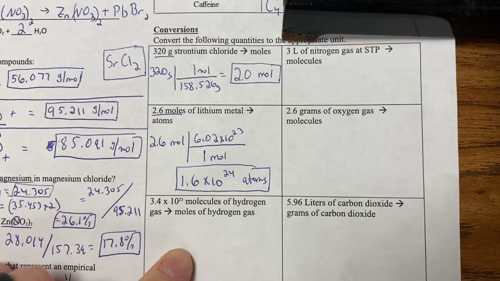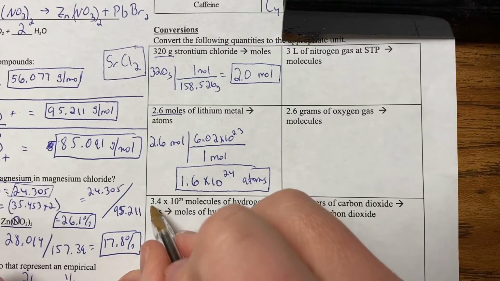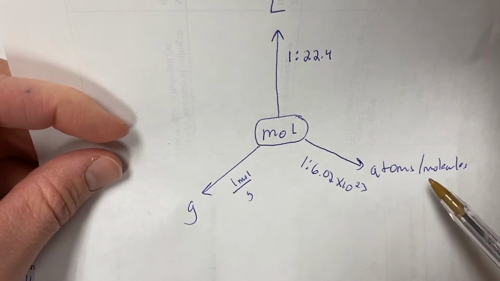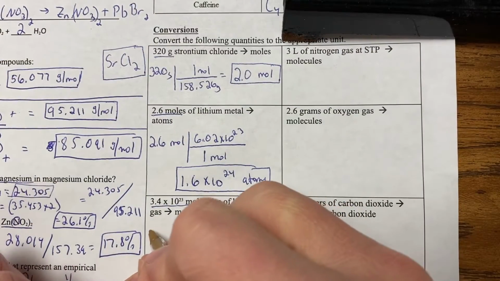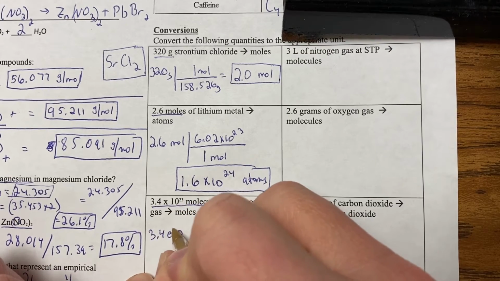All right, last one over here. This is another 1-step conversion. It gives me molecules and wants to know moles. So I'm going to work backwards, going from atoms back to moles. This time, I'm going to start again with the number they gave me.